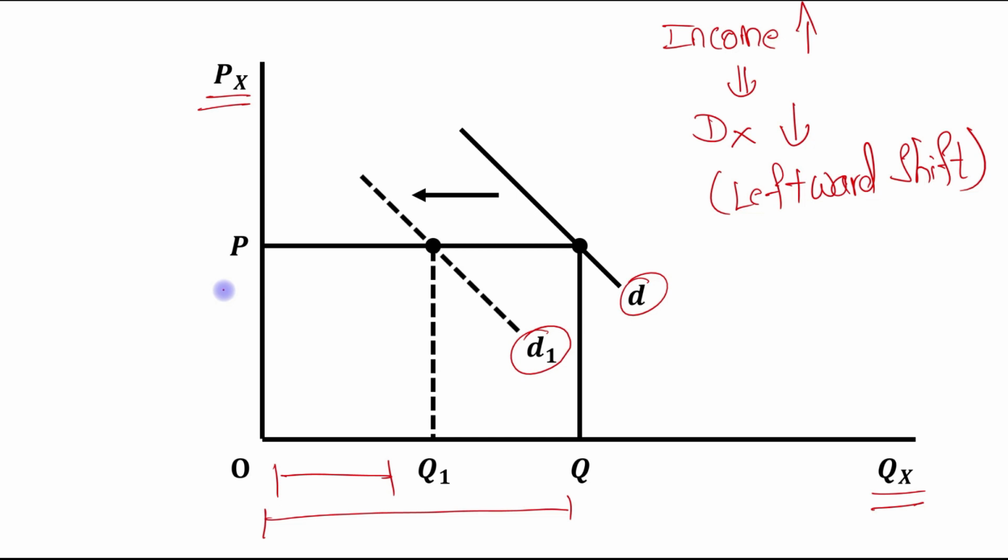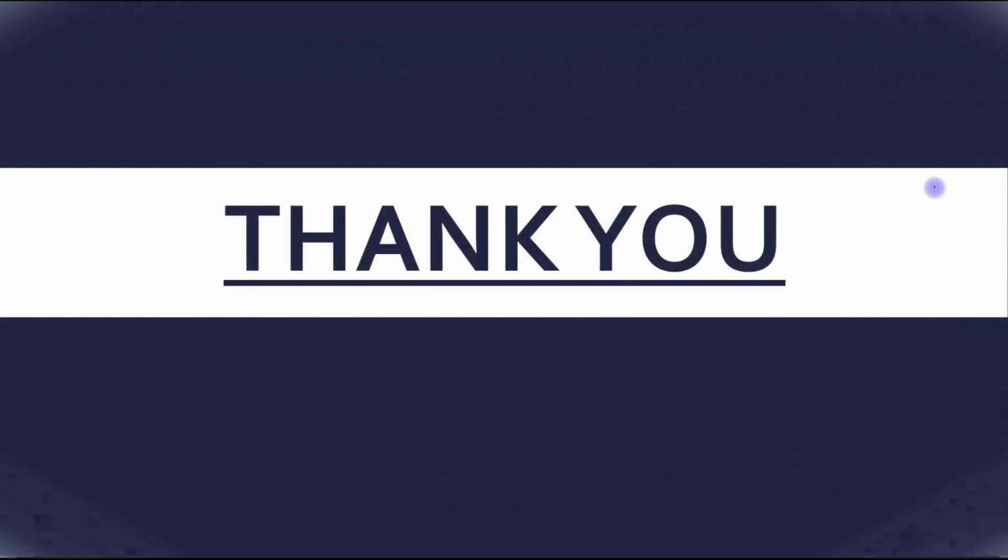And again you can notice that there is no change in price of good X. पहले भी OP था और आज भी OP ही है. There is no change in price of good X. तो अगर सेम प्राइस पे आपकी डिमांड डिक्रीज हो जाए तो उस केस में क्या आता है? शिफ्ट. और कैसा शिफ्ट? लेफ्टवर्ड शिफ्ट. क्लियर?